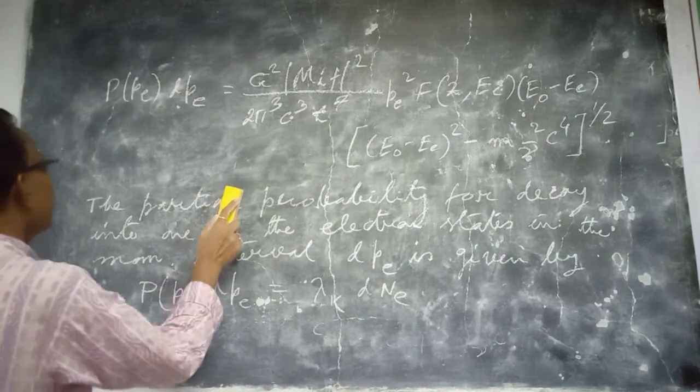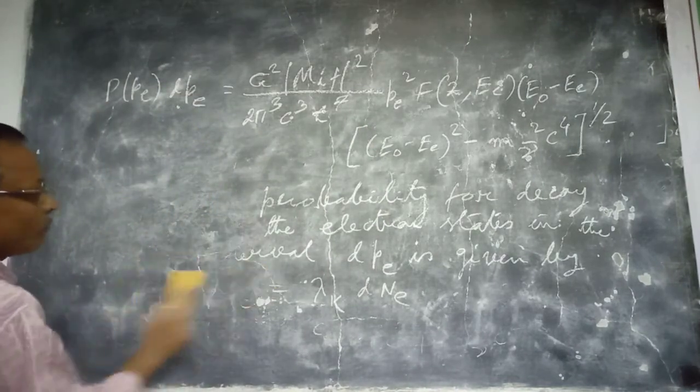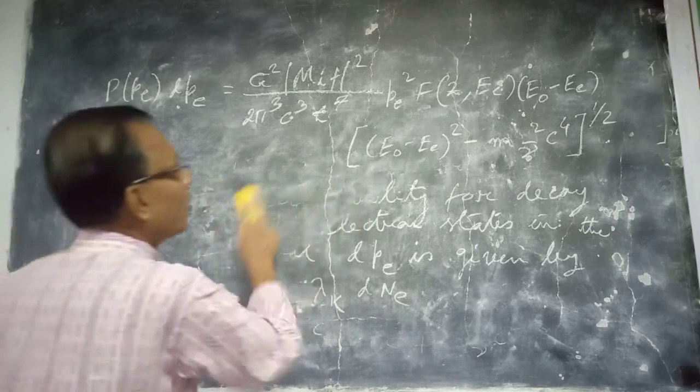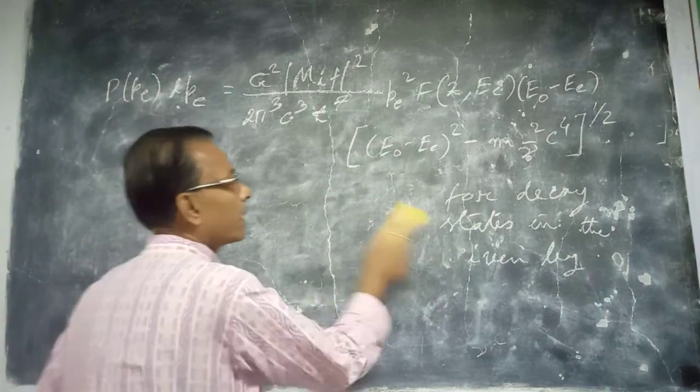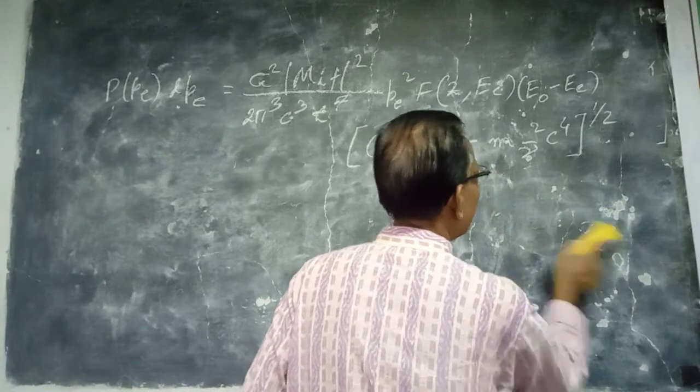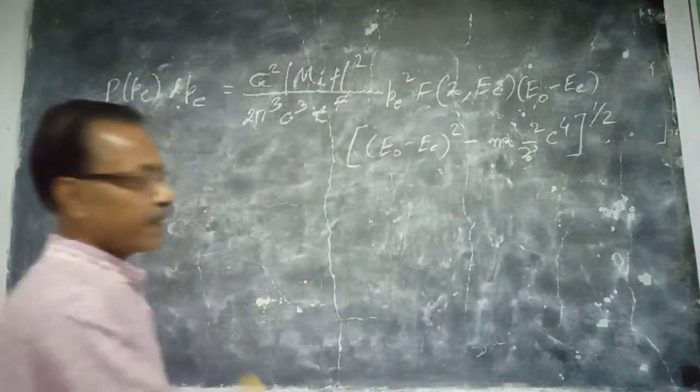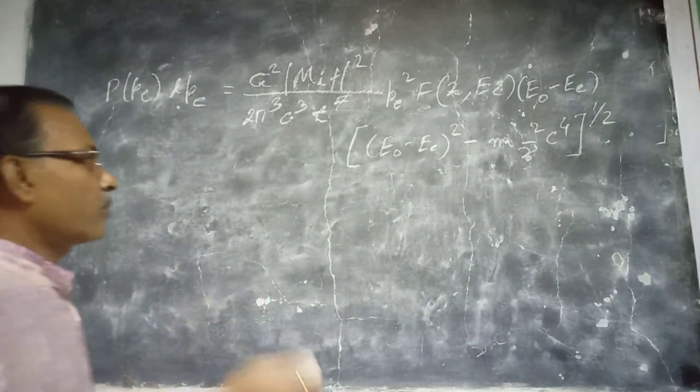So this is the partial probability, or the momentum distribution of the electron after decay, assuming that the perturbation is a constant quantity.